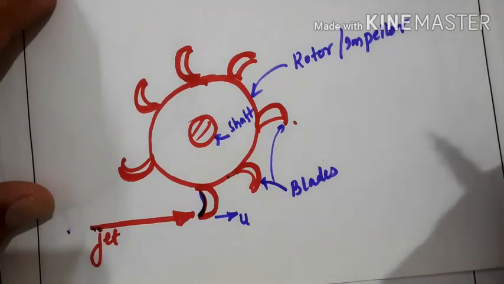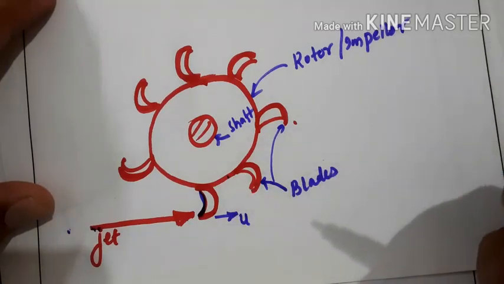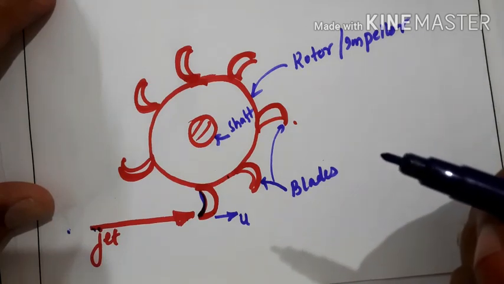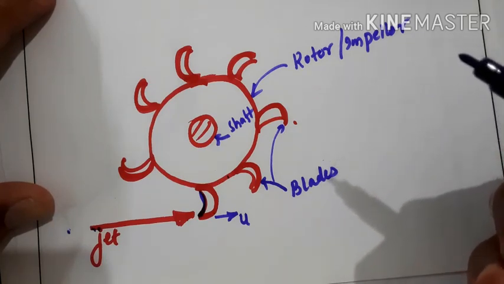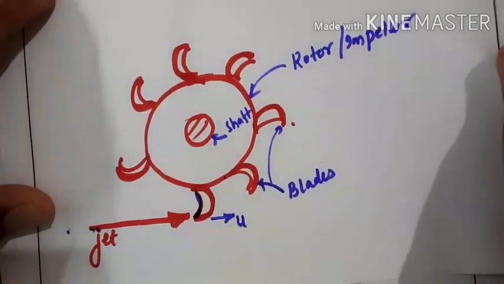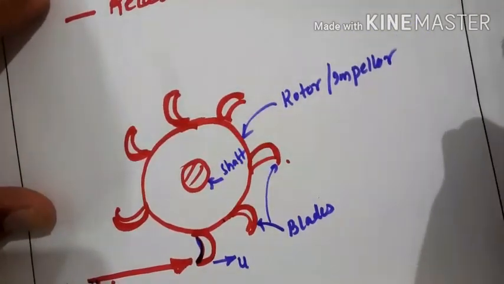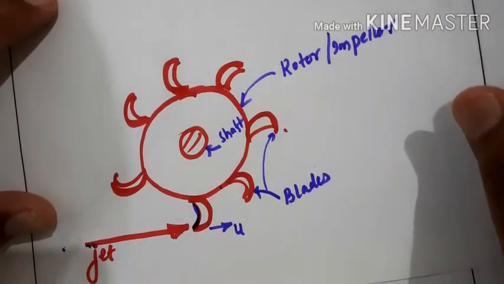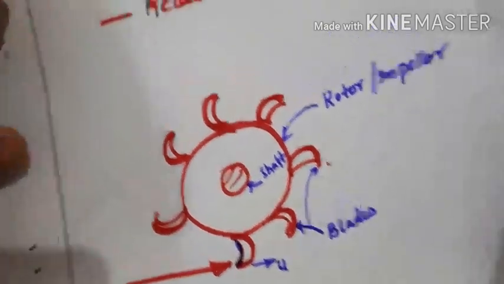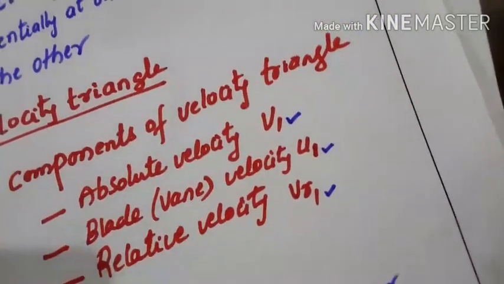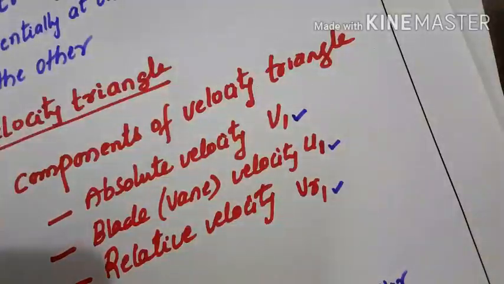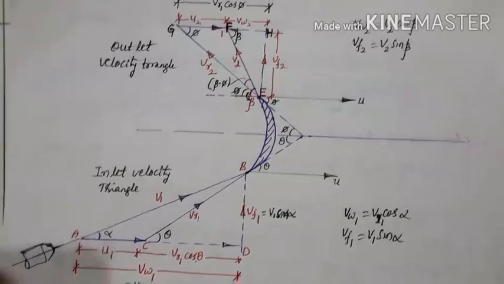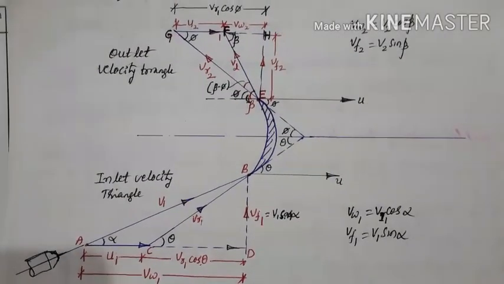Those components can be drawn in the form of velocity triangles, and these velocity triangles are used to find the force exerted by the jet and work done by the jet. Here we have drawn the velocity triangles like this. You have to draw the velocity triangle like this.